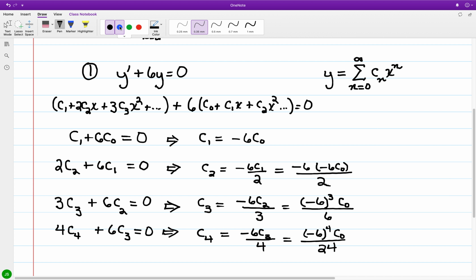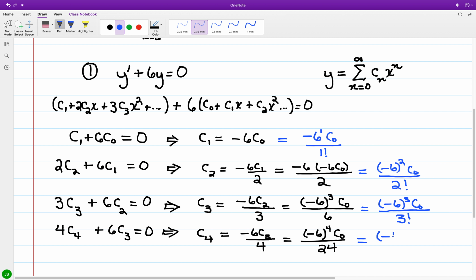And just some things you might notice. Ultimately, the first term we have is negative 6 to the 1st c naught, and 1 becomes 1 factorial. Next in line, I have negative 6 squared c naught, and 2 becomes 2 factorial. Then I have negative 6 to the 3rd c naught all over 3 factorial.